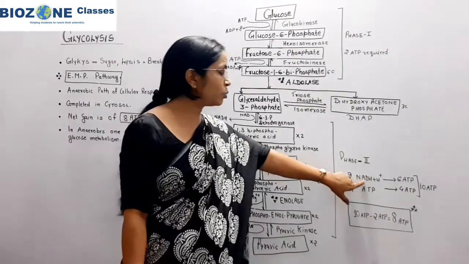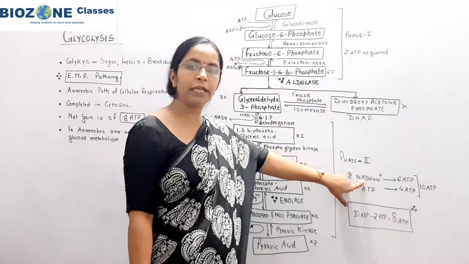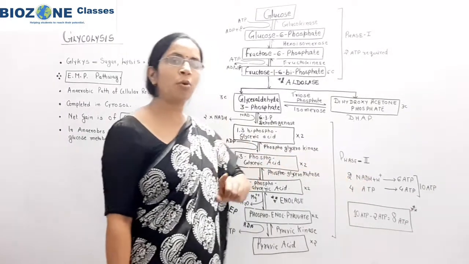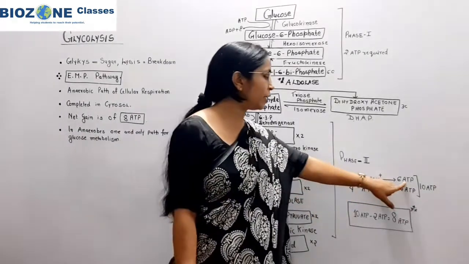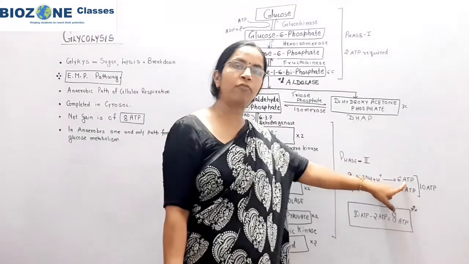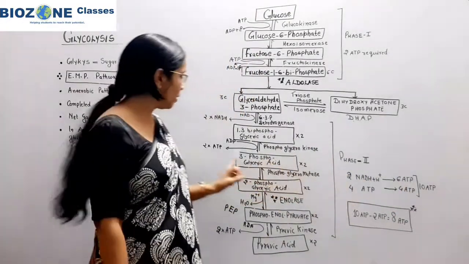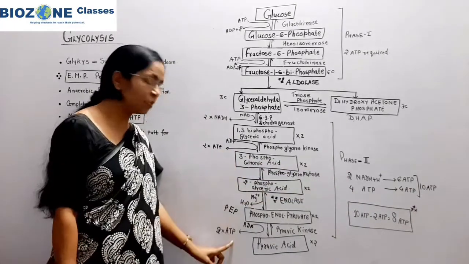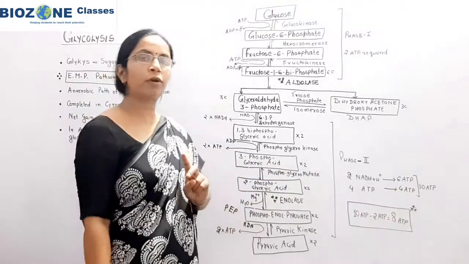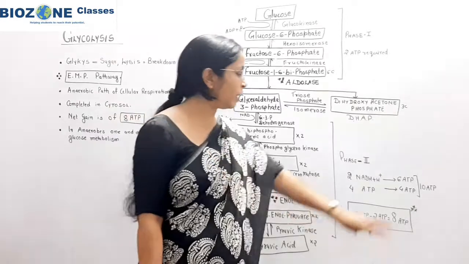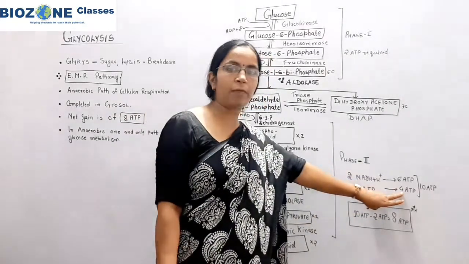In this way, when we study the energy generation of glycolysis, phase 2 produces 2 molecules of NADH and H plus. These 2 molecules of NADH and H plus are responsible for the formation of 6 ATP, whereas at 2 sites, this reaction and this reaction, are responsible for the generation of 2 ATP each. So total 4 ATP are produced.